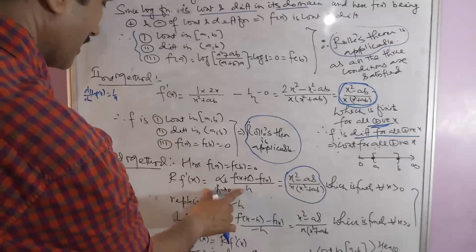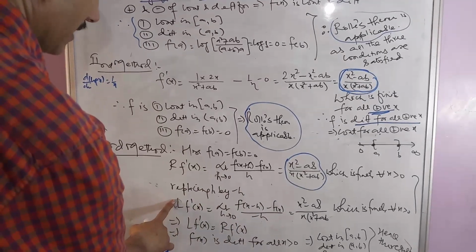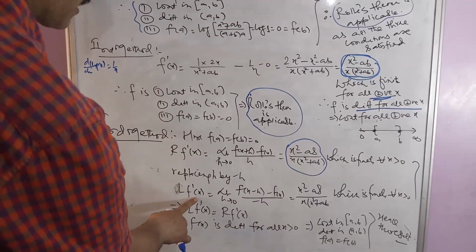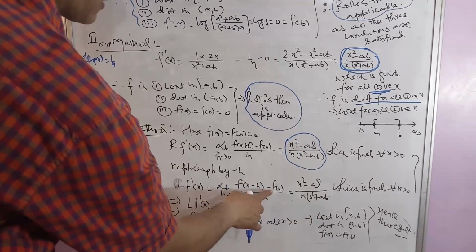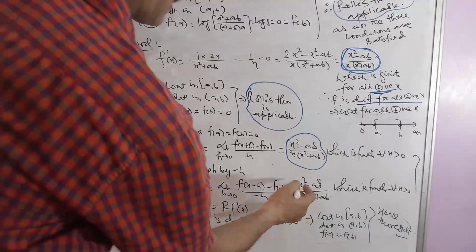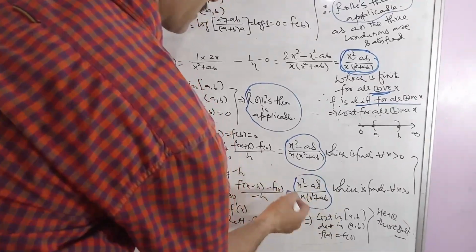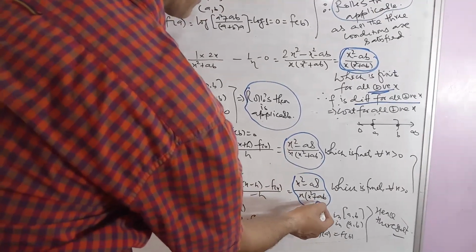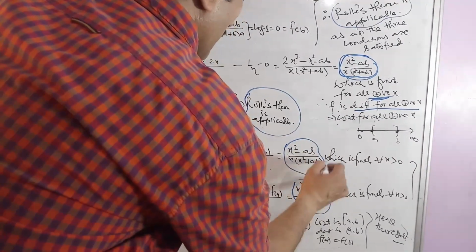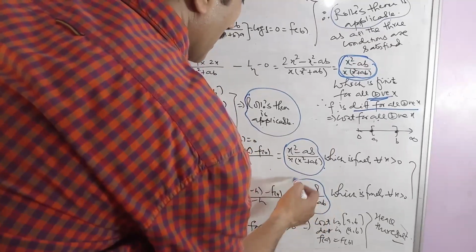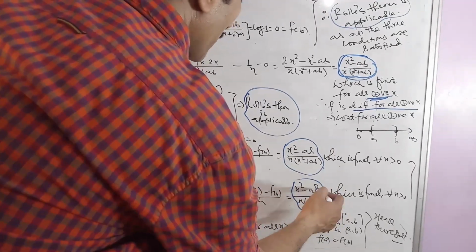Replacing h by minus h, we get the left hand derivative at x, Lf dash x, the limit as h tends to 0 of f(x minus h) minus f(x) by minus h. This will again after calculation give x square minus ab by x into x square plus ab. In both situations this is finite for all positive real numbers.